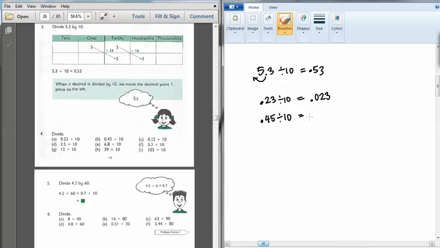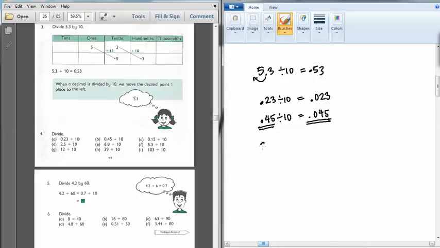That's 0.045. And you look at this, and 0.045 is a much smaller number than 0.45. If you think about it, that's because you're taking 0.45 and splitting it up into 10 pieces. Those 10 pieces are going to be much smaller than the whole that you started off with.